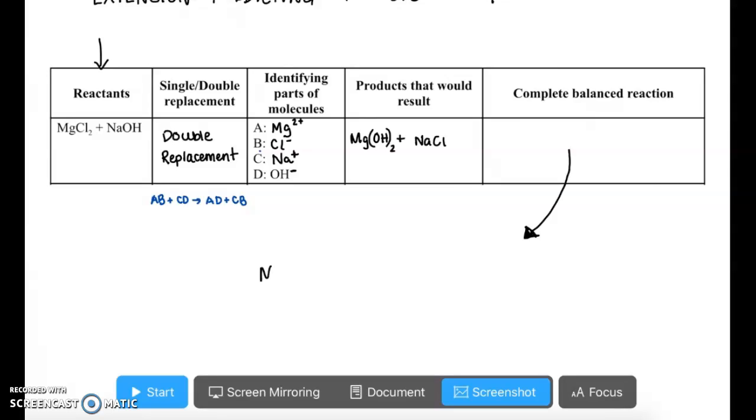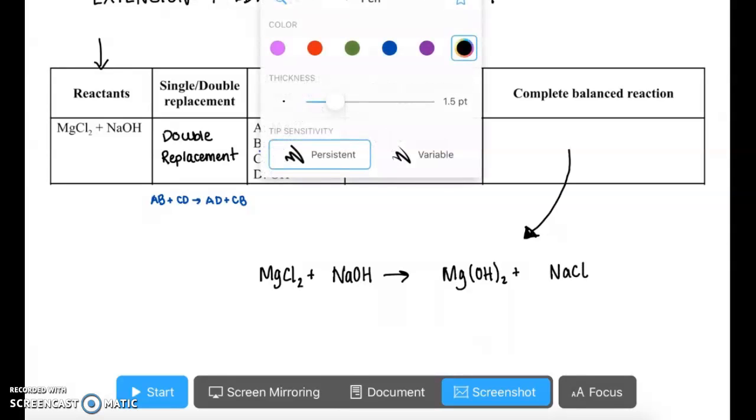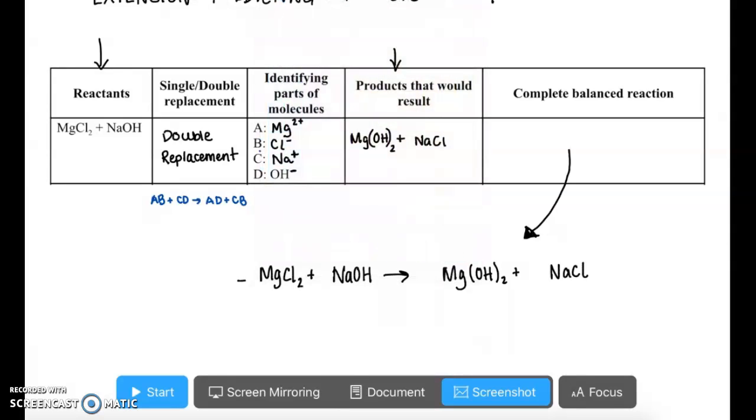So I'm going to take my reactants that you see in the first column, yielding my products that I just determined in this column, and remembering that the only thing that I can do is add coefficients as I balance an equation.